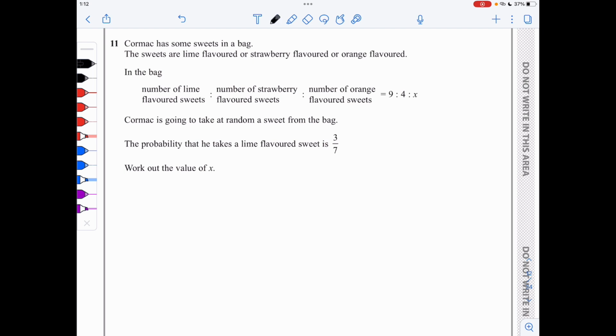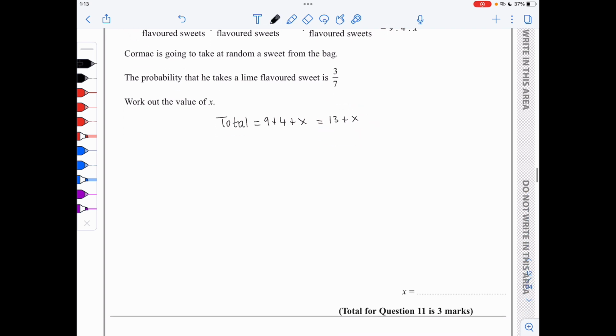Well, I will start by saying that the total here in terms of the parts of the ratio is 9 plus 4 plus x, which is 13 plus x. And therefore the probability we take a lime will be 9 over the total, so 9 over 13 plus x, and we have been told that this is equal to 3 over 7.